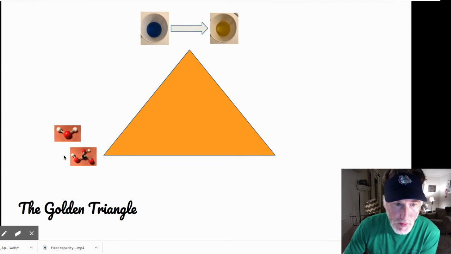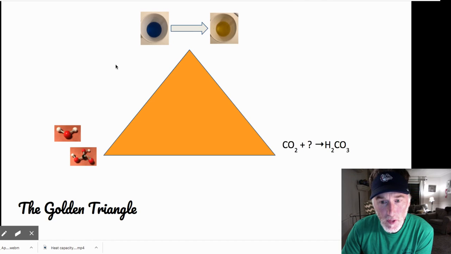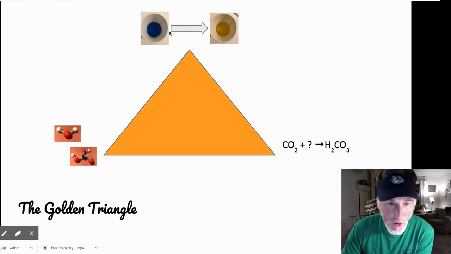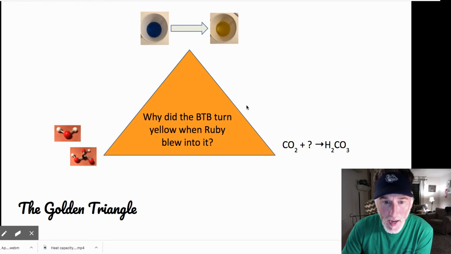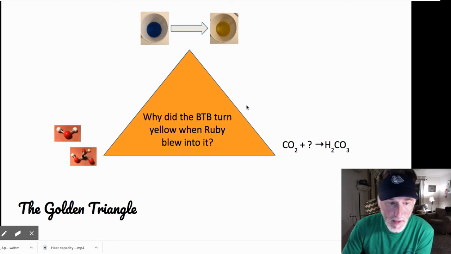In this case, we're going to use a molecular model kit to show what's going on with this situation right here. We're also going to be able to apply a formula to this situation as well. If we can do all 3 of these things, we're going to have a pretty good idea of why the BTB turned yellow when Ruby blew into it last week.